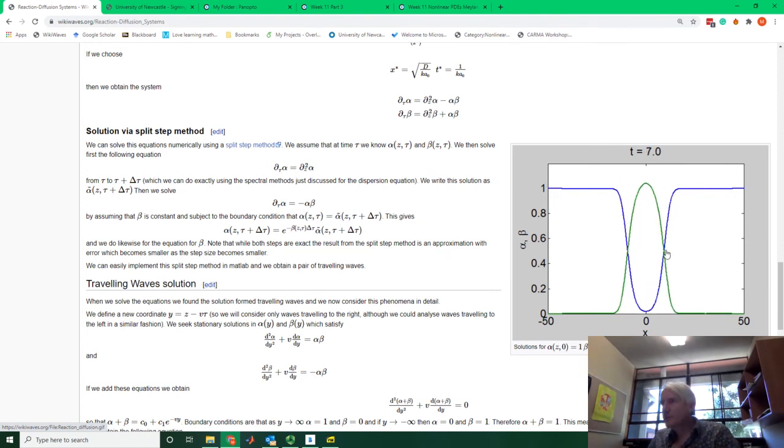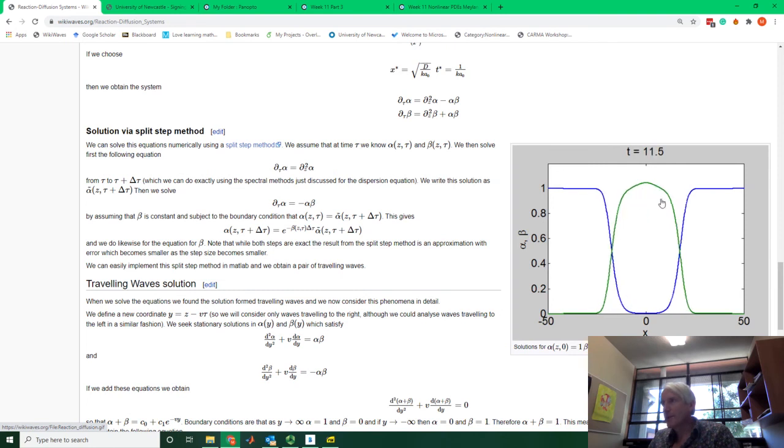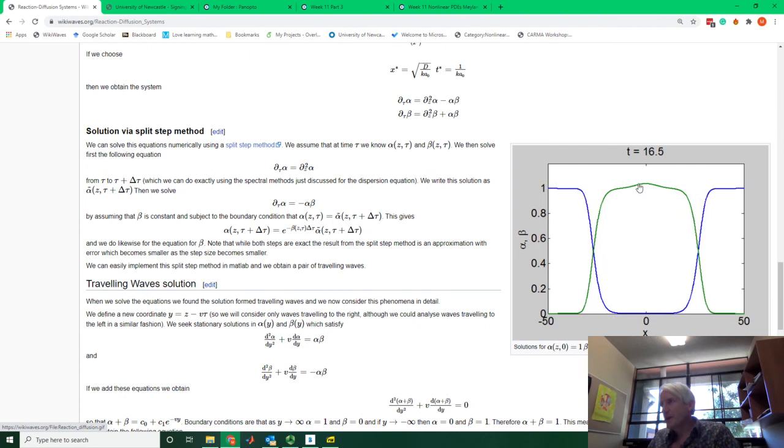Blue is the A, the one that's turning into B. So eventually all the blue is going to become green. So we should expect the green to end up at 1 here in the middle, right? All the A's disappear and it's all become B. It's a slight overshoot here.